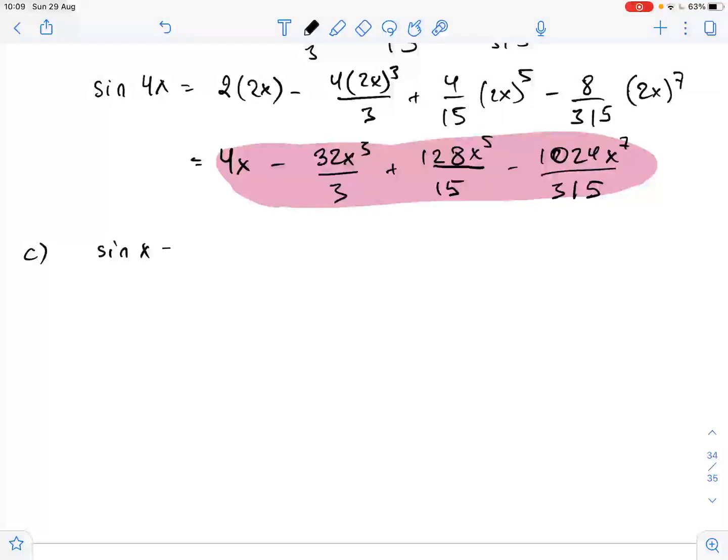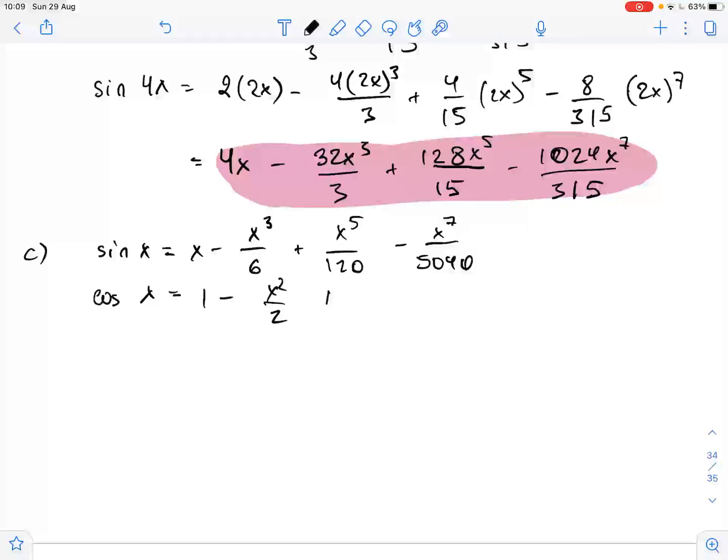The series are the same as before, so sine of x equals x minus x cubed over 6 plus x to the 5th power over 120 minus x to the 7th power over 5040. And cosine of x equals 1 minus x squared over 2 plus x to the 4th power over 24 minus x to the 6th power over 720.